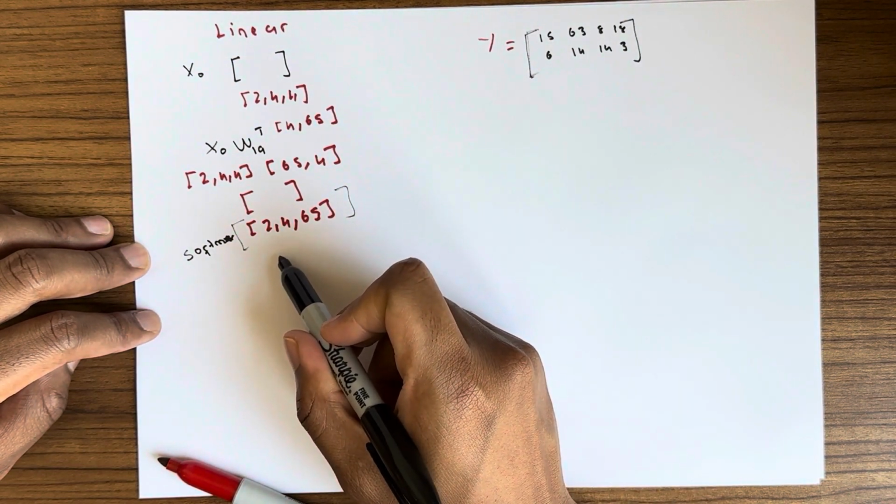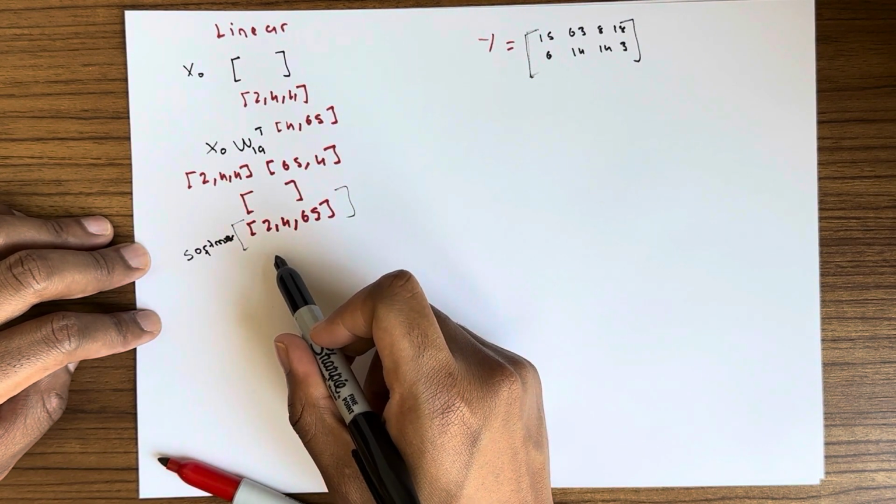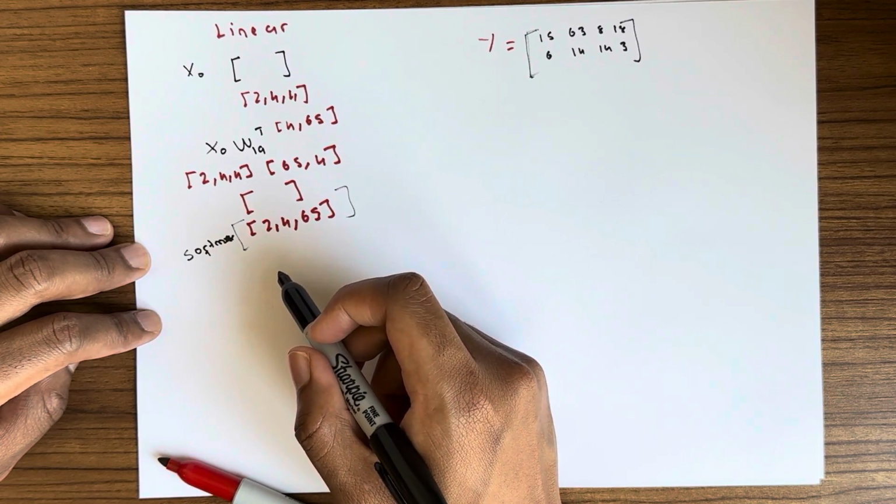I might not be able to write all the numbers. I think it might be good to scale things down so that it's much more clear and I'm able to explain it.